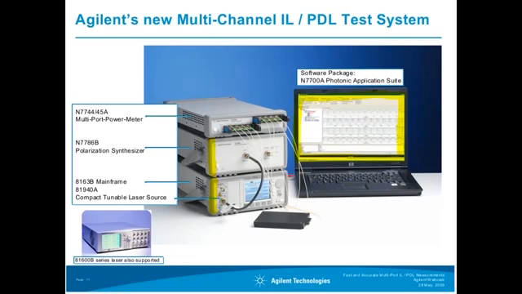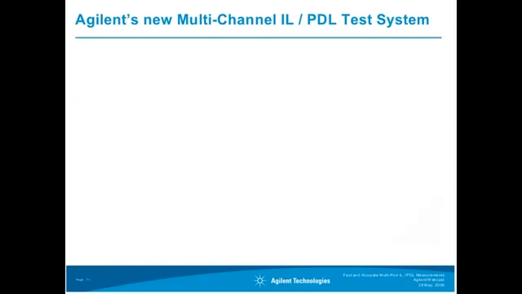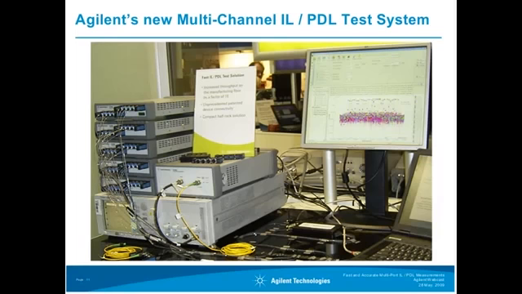The compact laser can also be exchanged by Agilent's 81600B series of lasers, which provides higher performance and at the end might provide better signal quality in some measurement applications. Here we see an implementation of a 40-channel system.